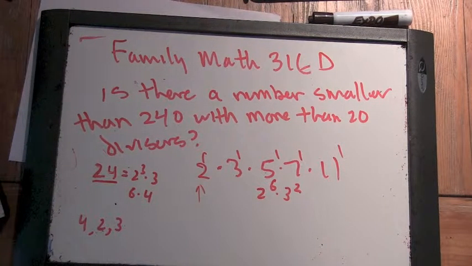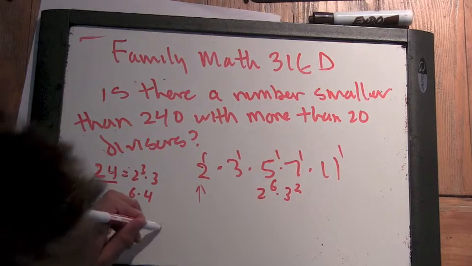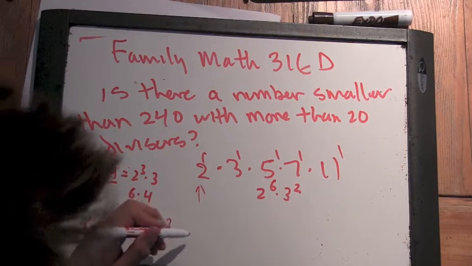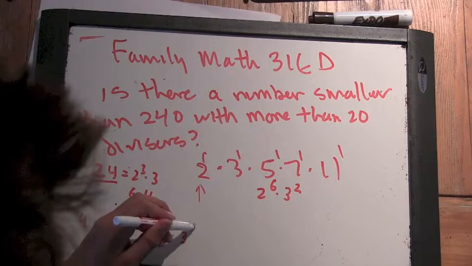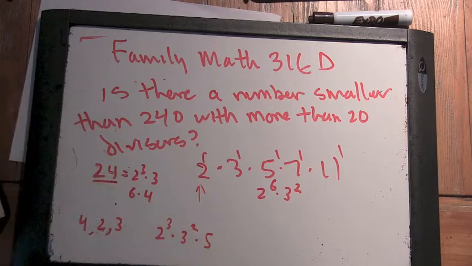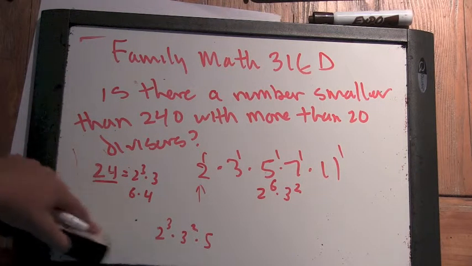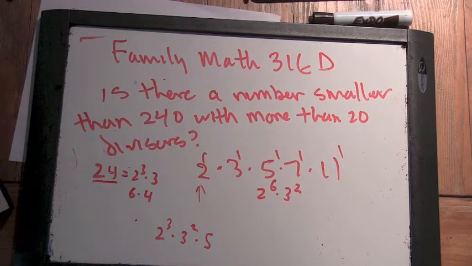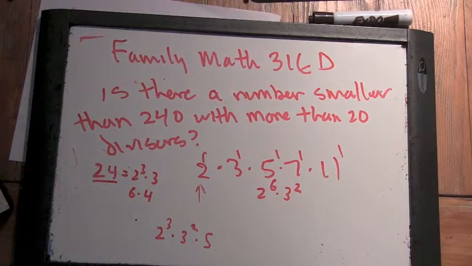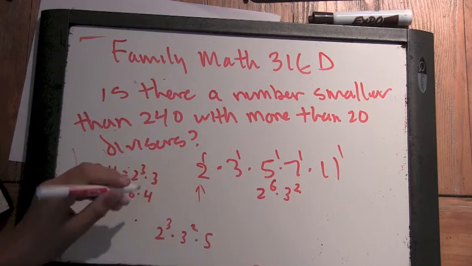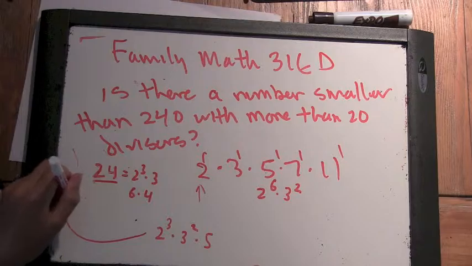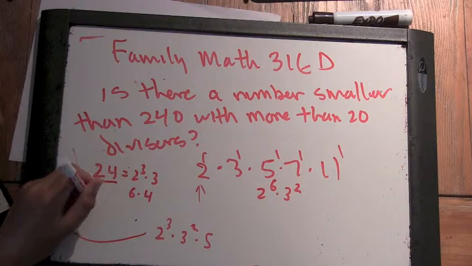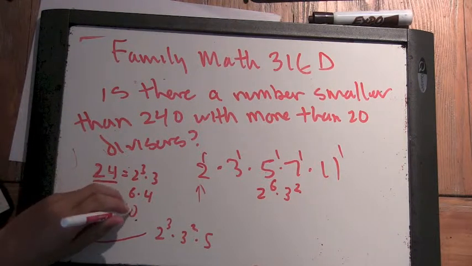So we have 2 cubed times 3 squared times 5. That's 40 times 9, which is 360. Dang.